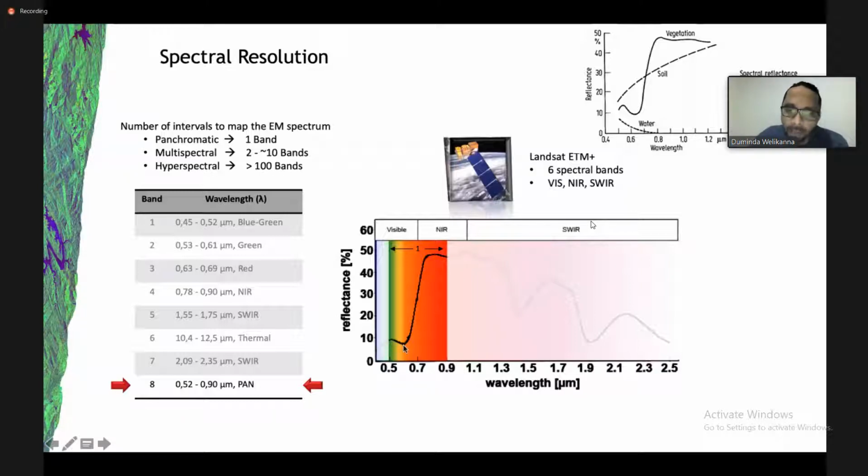So you will have a spectral profile for vegetation. Now, each object on the ground behaves differently in the electromagnetic spectrum. Vegetation behaves like this.